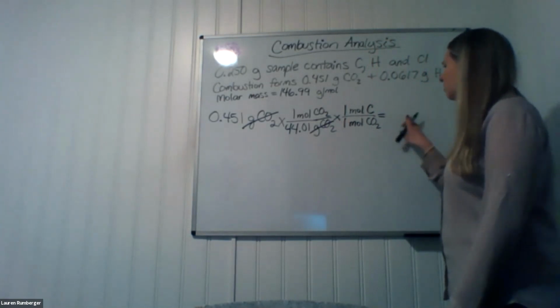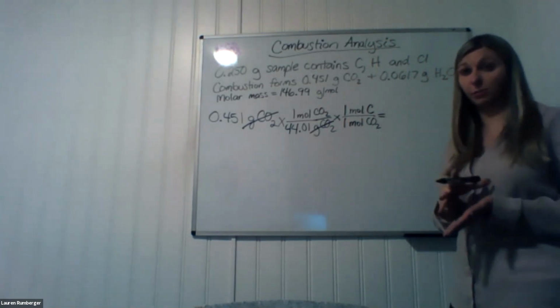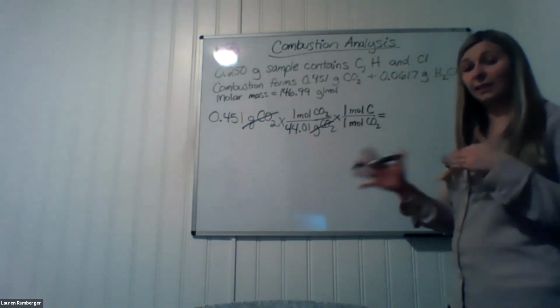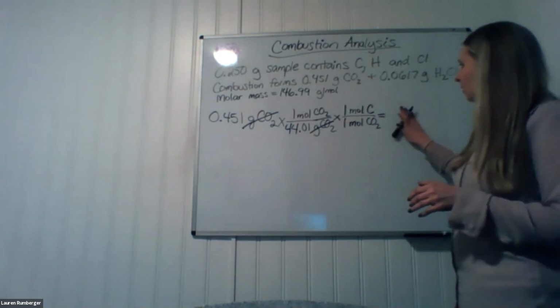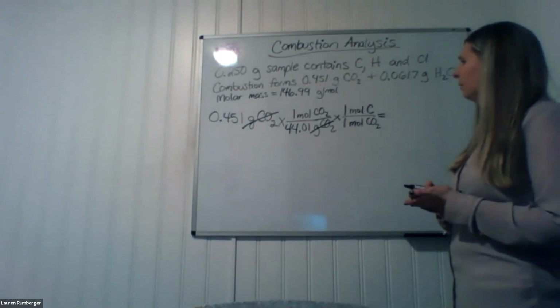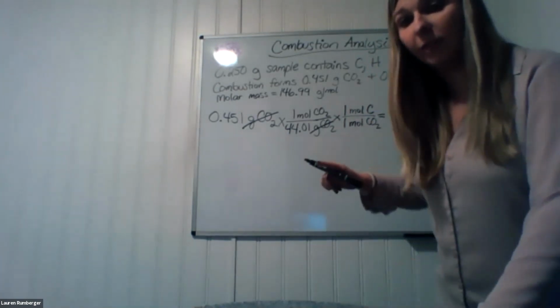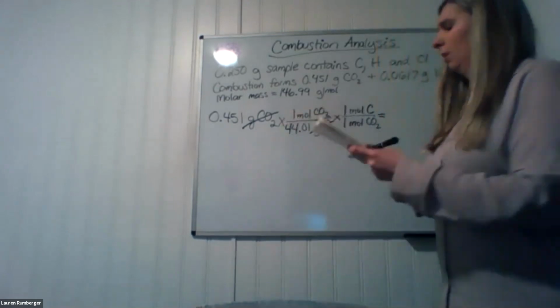Okay, so I'm going to solve for the moles first and then convert it to grams. And you'll see later on why I did moles first and then converted to grams, because we're going to need those moles later on for the empirical formula.